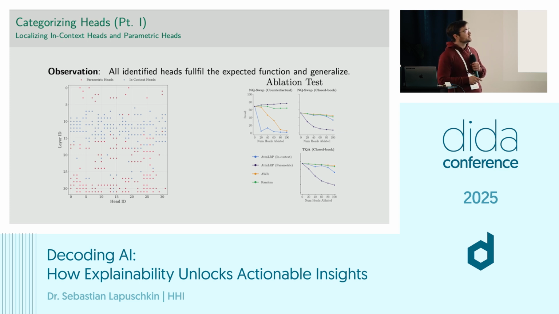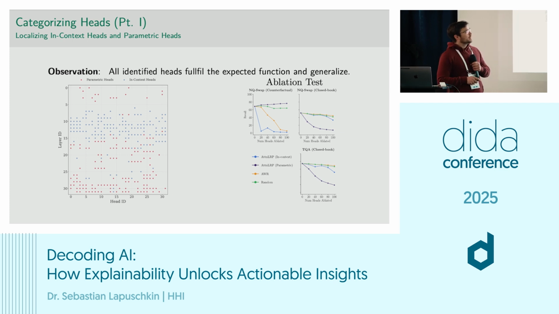Interestingly, also in this case, if we remove the parametric heads, performance actually increases slowly, which means we remove disturbing information which might be in conflict with what's written in the context, and therefore the model is actually better at answering the counterfactual questions, which can only be answered correctly if the model looks at the context.